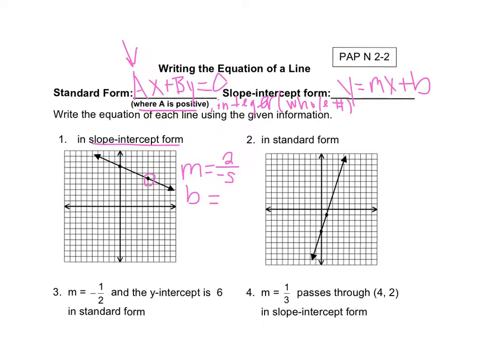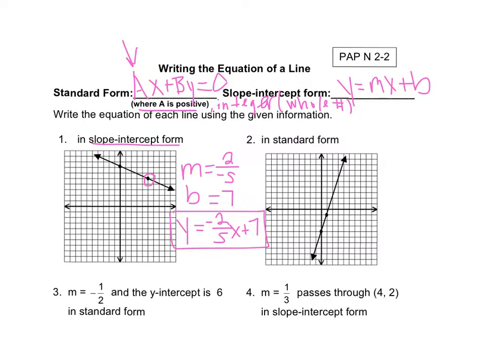The y-intercept, it's crossing at 7. So once we know m and b, since we're plugging into the slope-intercept form, it would be y equals negative 2/5 x plus 7. And that's the form that you wanted it in.